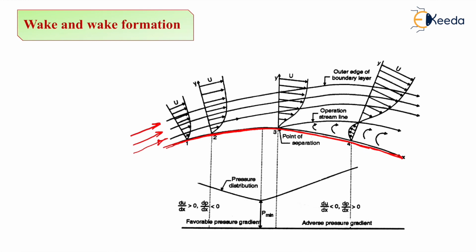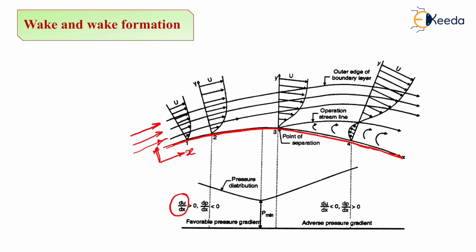If we talk about the ratio du upon dx, change in velocity of layer with respect to distance, here the x is along the boundary, so I will draw a reference x as this. This x is traveling around the boundary, so change in velocity with respect to x is greater than 0.